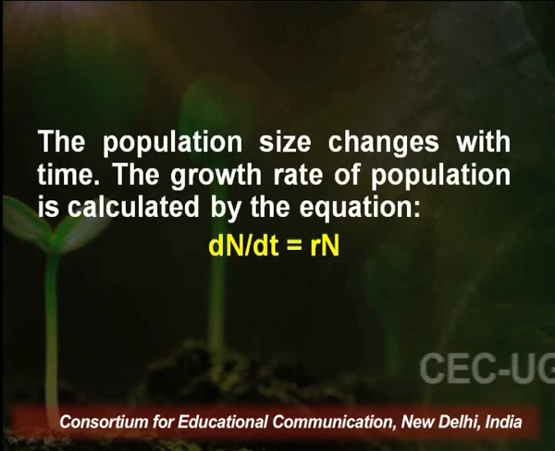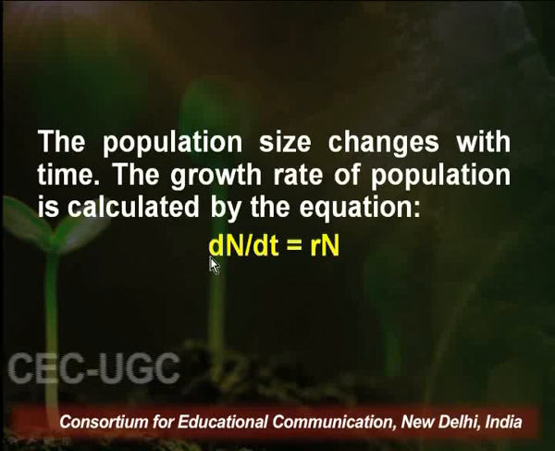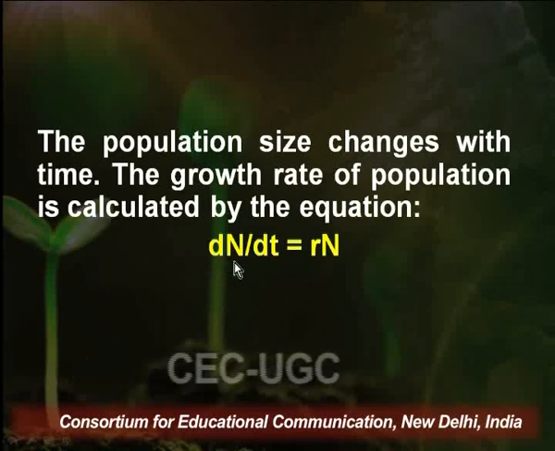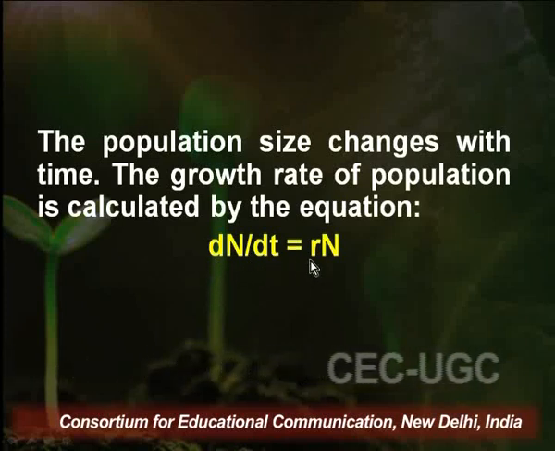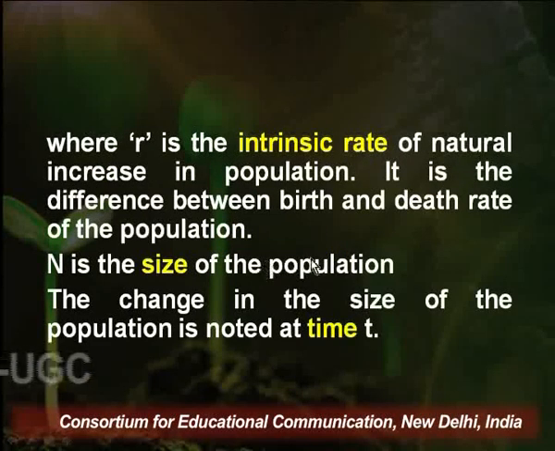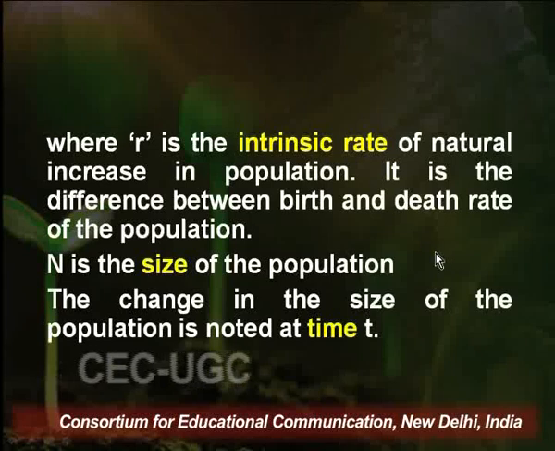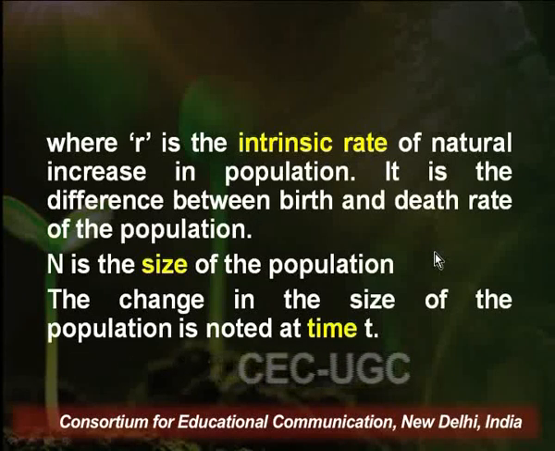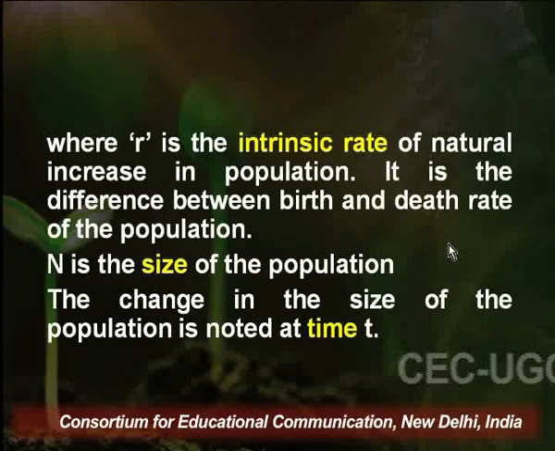So, the growth rate of population is calculated by the given equation. dN/dt = rN, where r is the intrinsic rate of natural increase in the population. It is the difference between birth and death rate of a population.